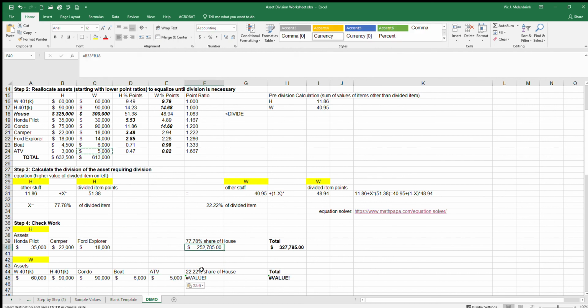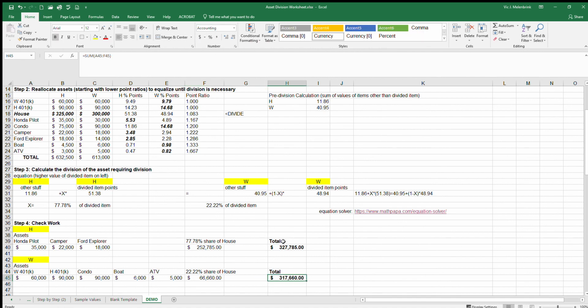Okay? And then 22.22% share of the house, which is, fix that. All right, so it's 22.22 multiplied by her valuation of the house, 300. We'll change that to $ signs here.